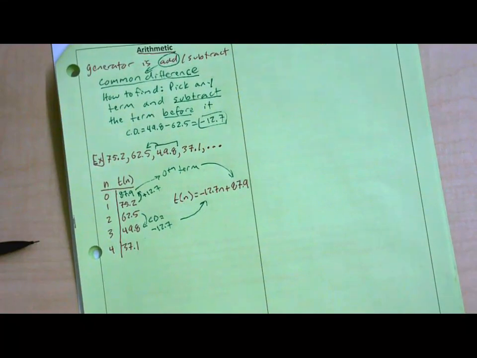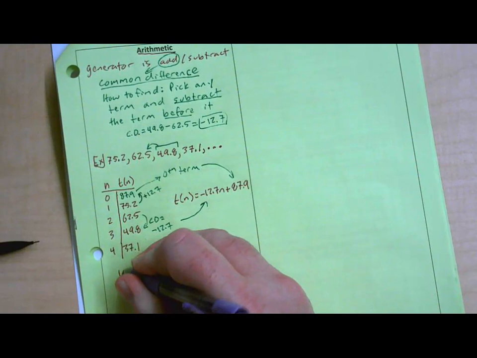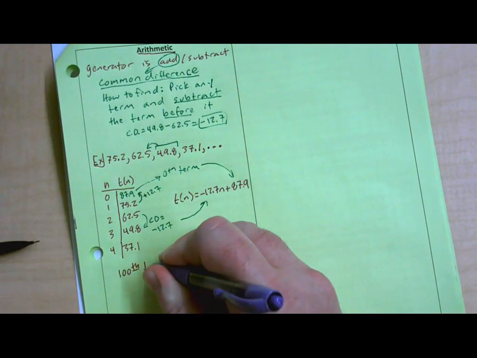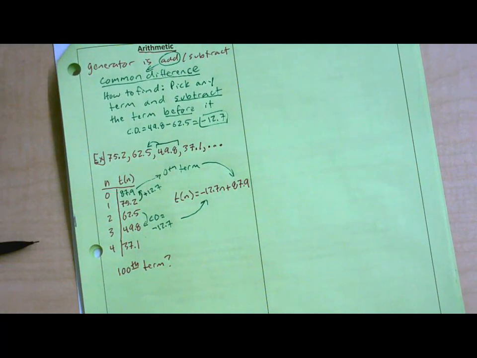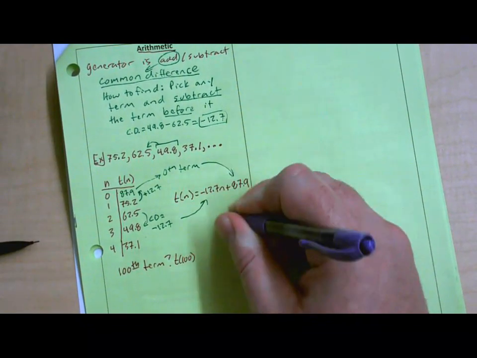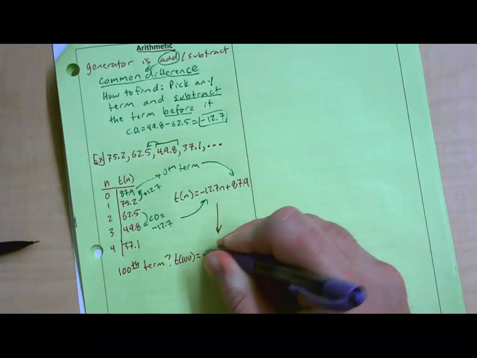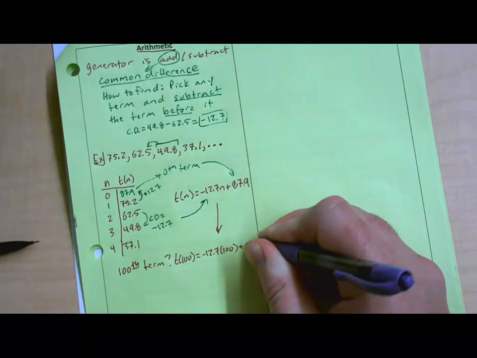One last thing while we're here. What is the 100th term? Is this going to be hard for us to find? Not now that we've got our equation. The 100th term is just t of 100, which means take your equation, stick 100 in for n, and then work it out.